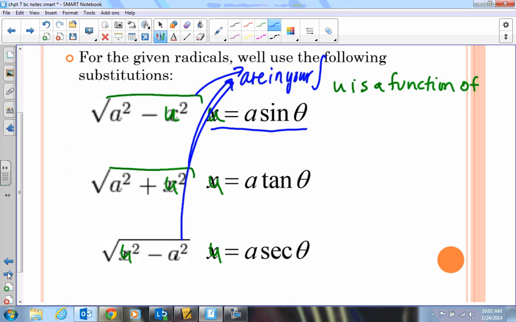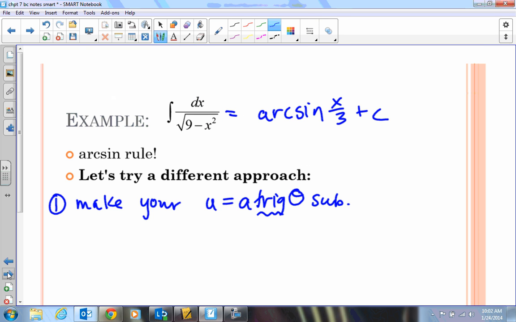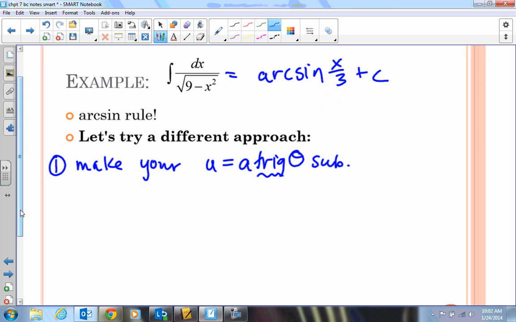So when I see this guy, my a squared minus my u squared, I'm going to think my substitution here is going to be the sine. So what's my u? Okay, so my u is the x. My a is 3, and the trig function I want to use is sine.